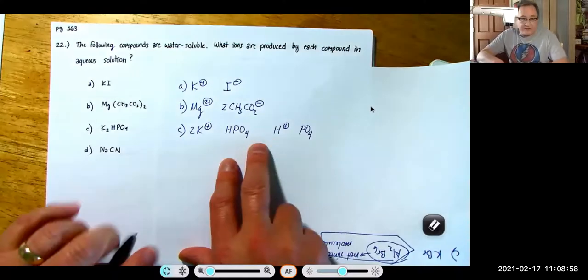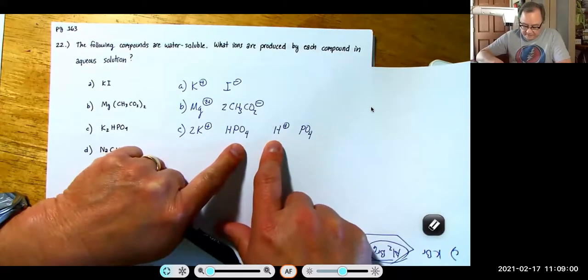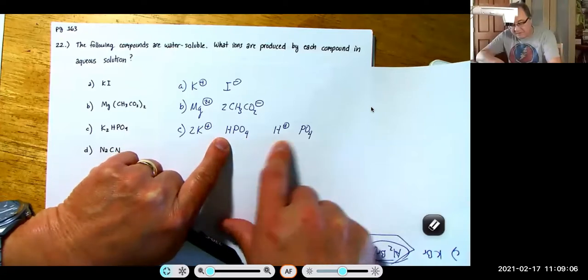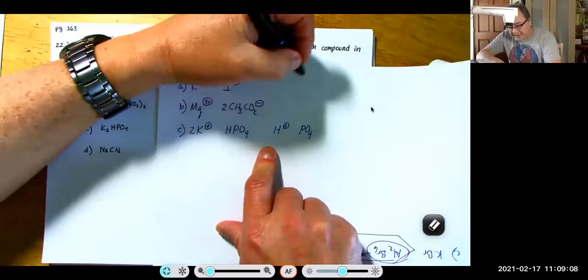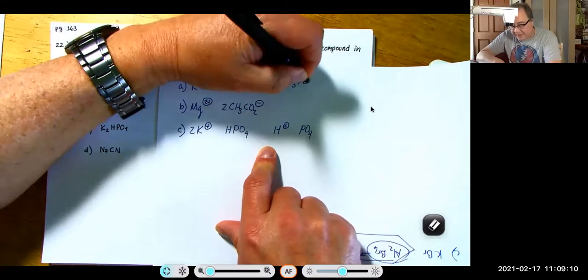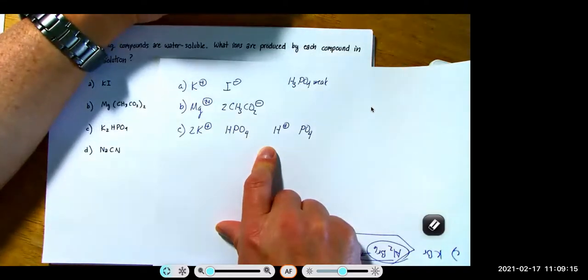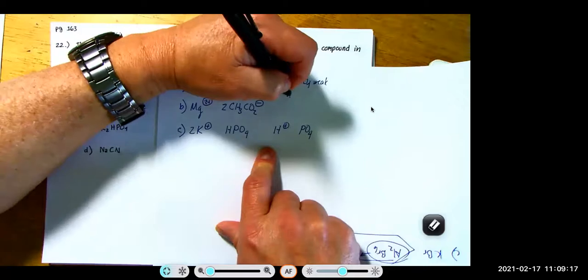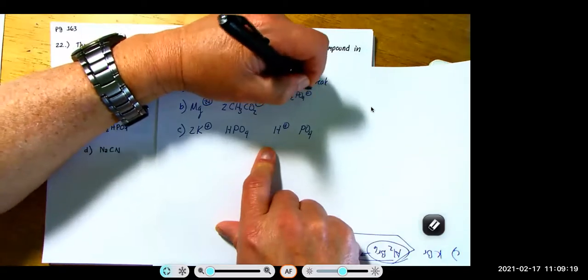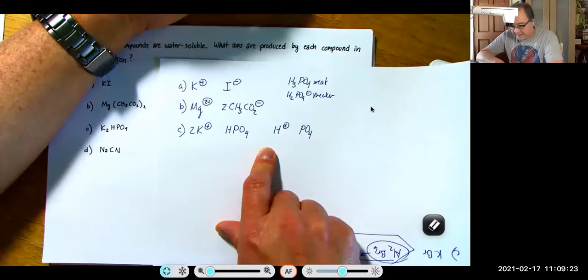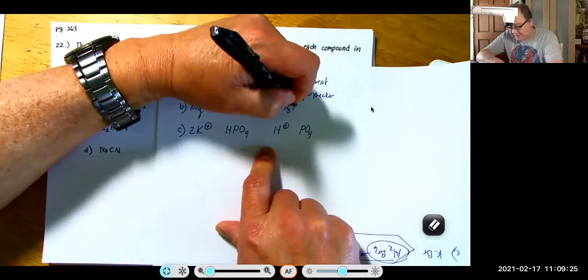Which way should we do it? Well, it's just one hydrogen. So wouldn't it keep it? Well, the fact of the matter is that this is weak, this is weaker, and this is weakest.